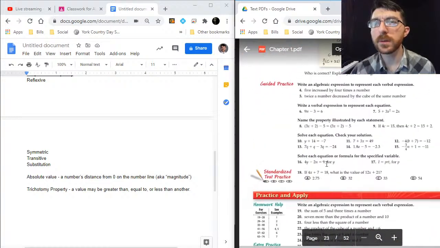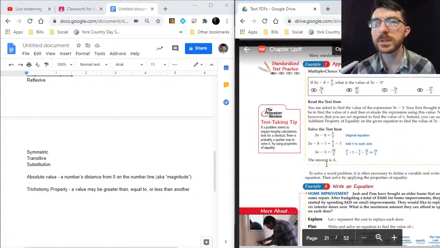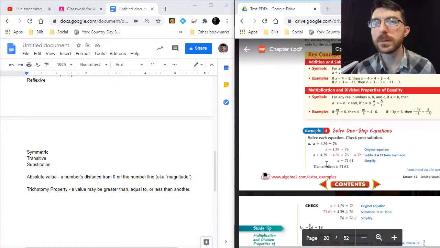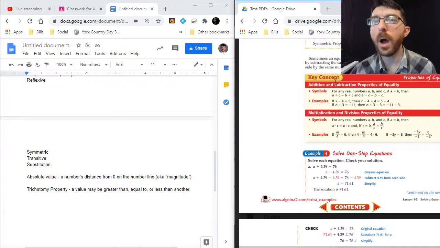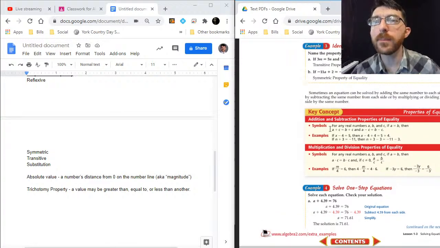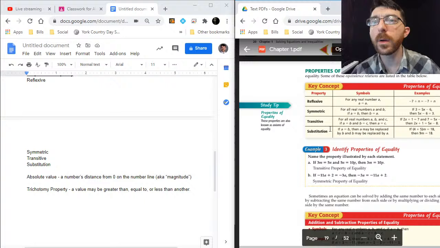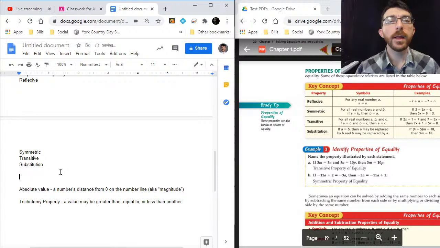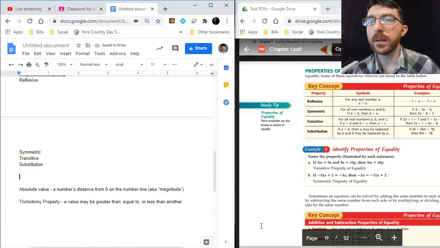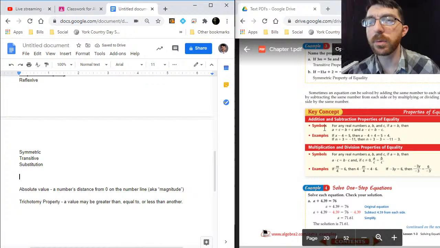So this, where was it? Here it is. Oh, there was. I missed it. All right, it was right after that. I see. All right, I did miss it. Thank goodness I'm reading so carefully. Addition and subtraction properties of equality.